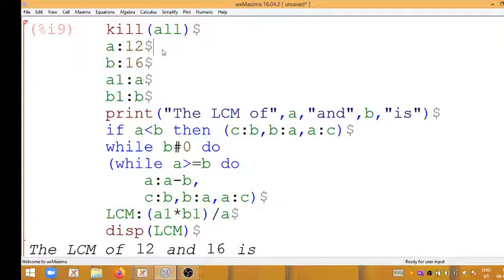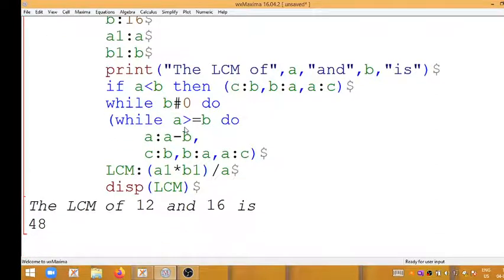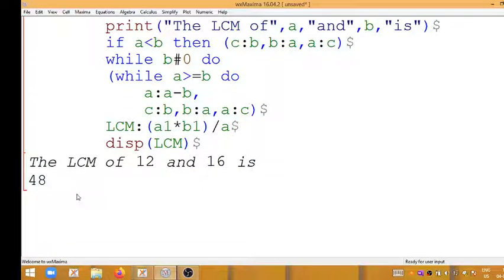So here I enter kill all dollar, next the A value 12, B value 16, and A1 value A, B1 value B. Next, print the LCM of A and B. Then if A is less than B, then A is B, B is A is C. So we are using the while loop, and the output will come like this.